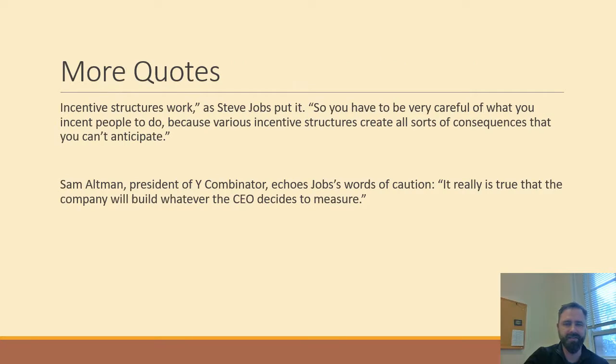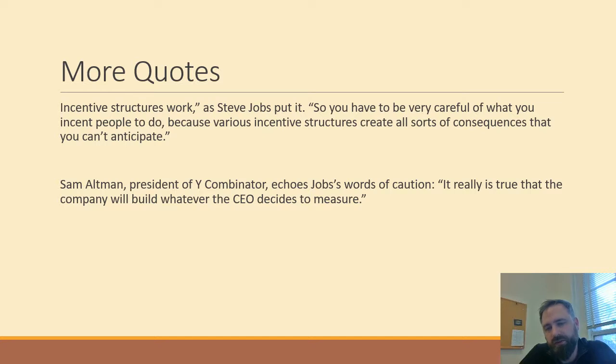We're going to look at some examples here. But more quotes. Incentives work, as Steve Jobs said. So you have to be very careful of what you incent people to do, because various incentive structures create all sorts of consequences that you can't anticipate. And then Sam Altman, who's the president of Y Combinator, which is a Silicon Valley startup organization that helps people create startups, said, it is really true that the company will build whatever the CEO decides to measure.